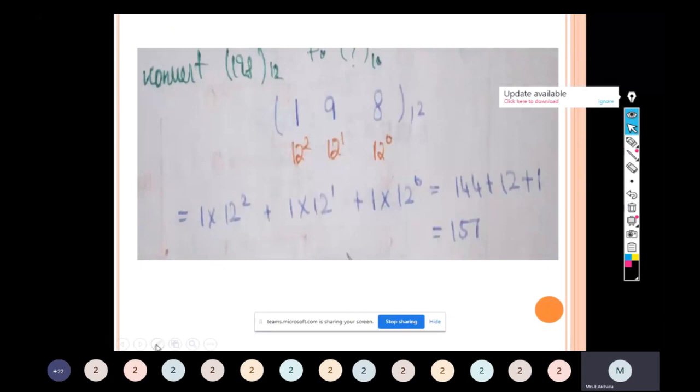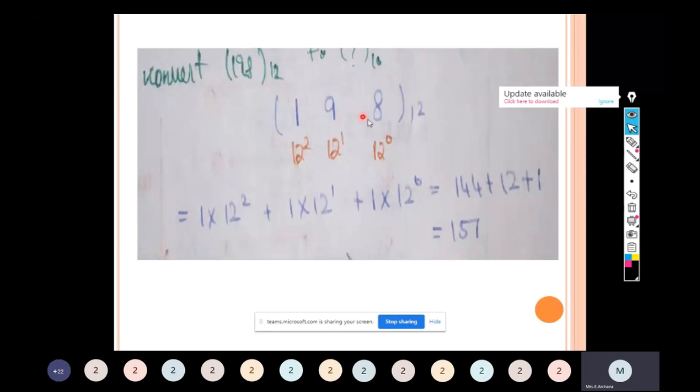Convert 198 from base 12 to base 10. This is a problem based on any radix to decimal. Here the base value is 12, and the target base value is 10, which belongs to the decimal number system. So 12, any radix to decimal.